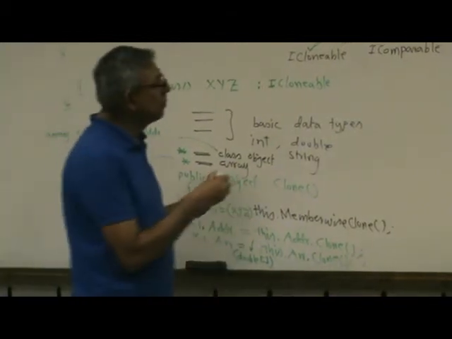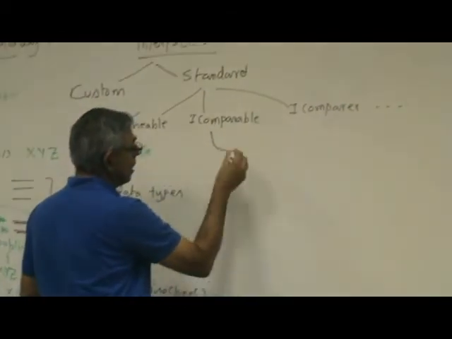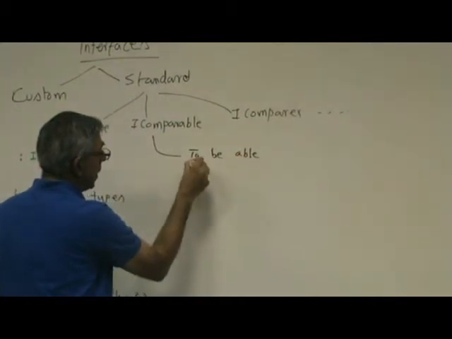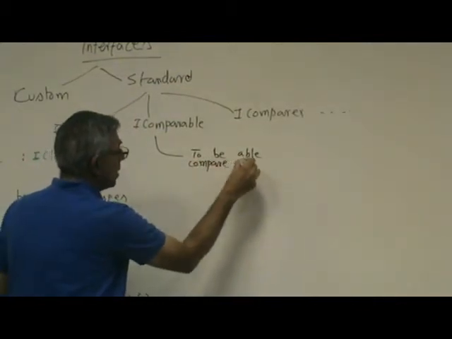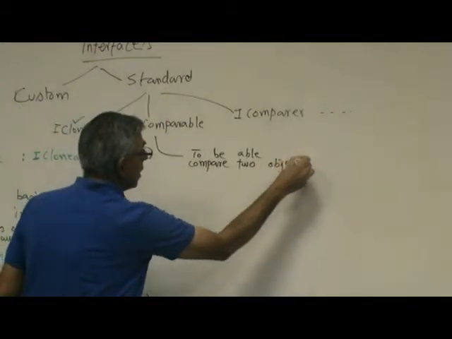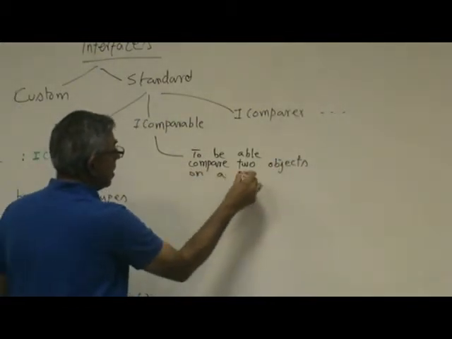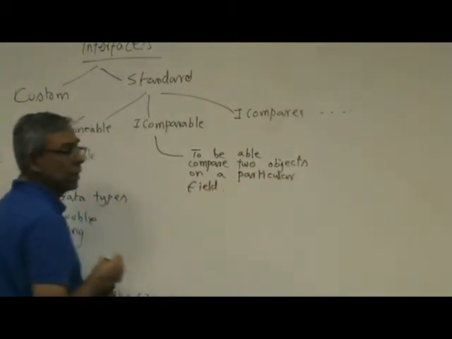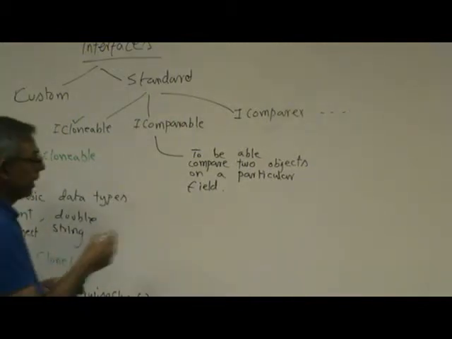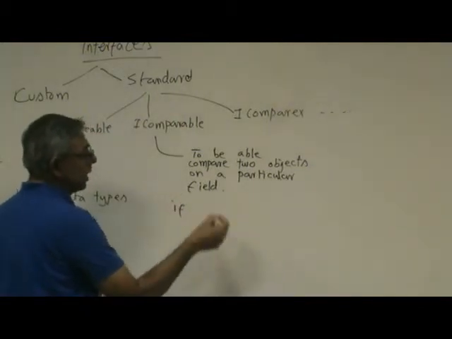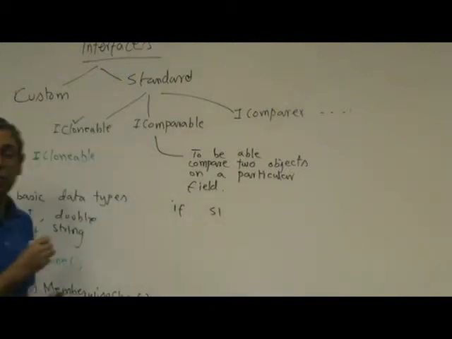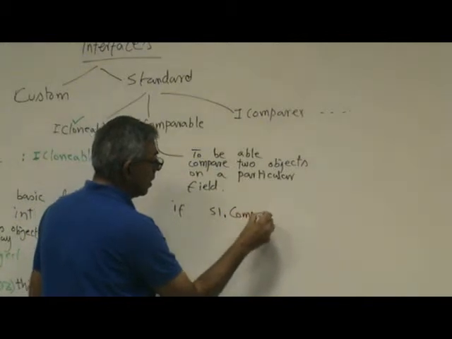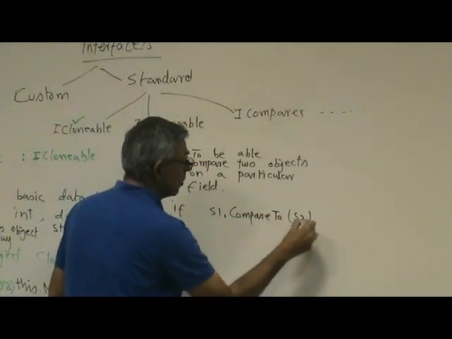Anyway, coming to IComparable, the purpose of IComparable is to be able to compare two objects on a particular field. So for example, if you created a student class, and let's say S1 is an object of the student class, and you wanted to be able to compare it to S2, right?